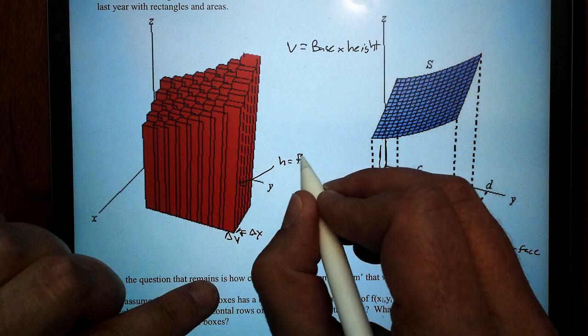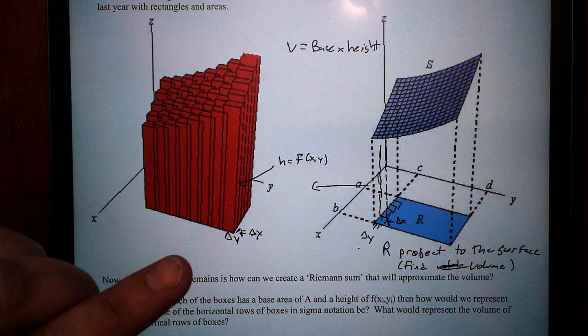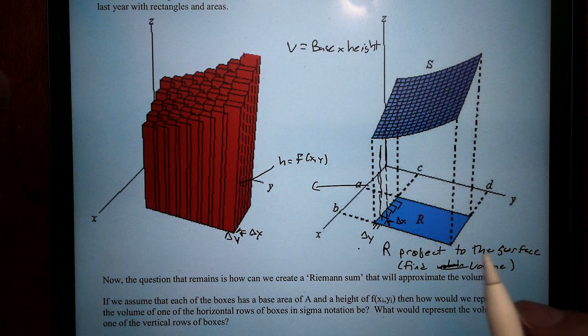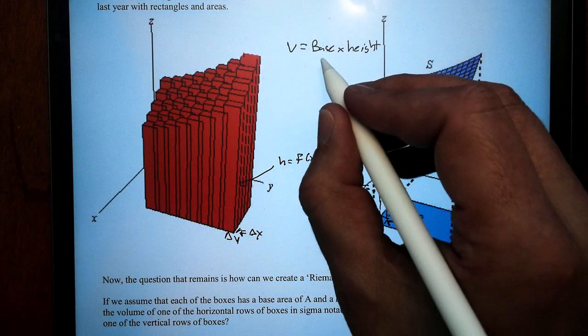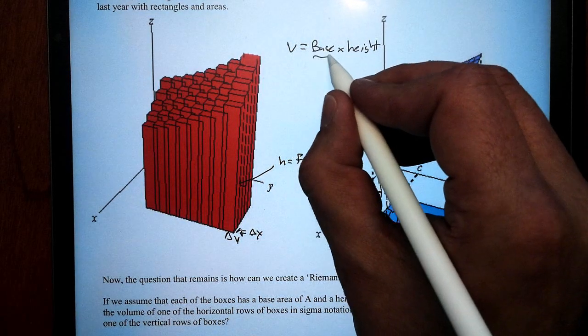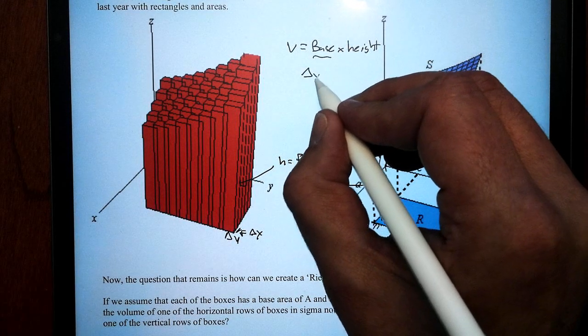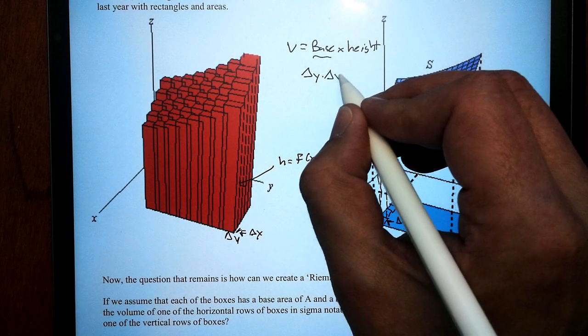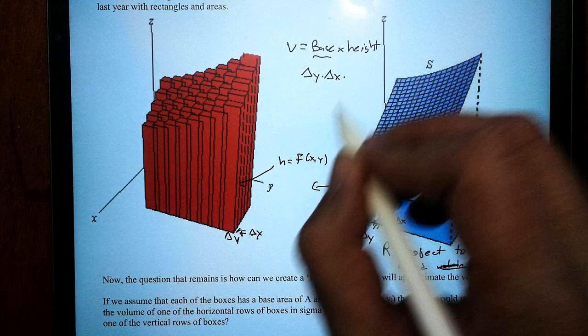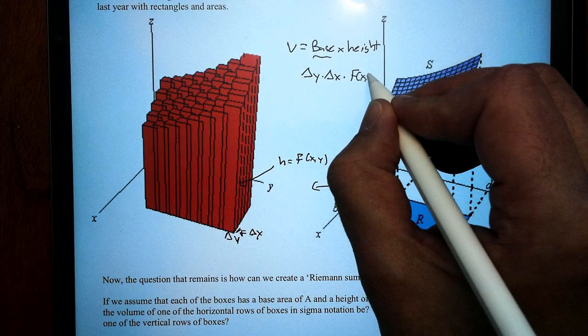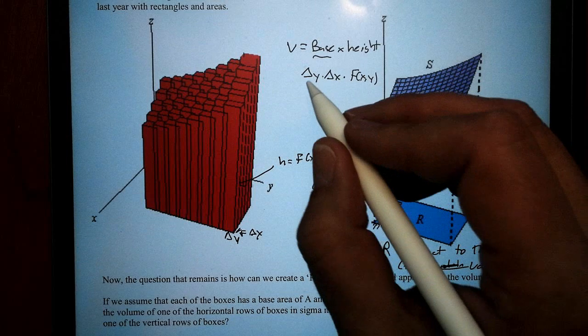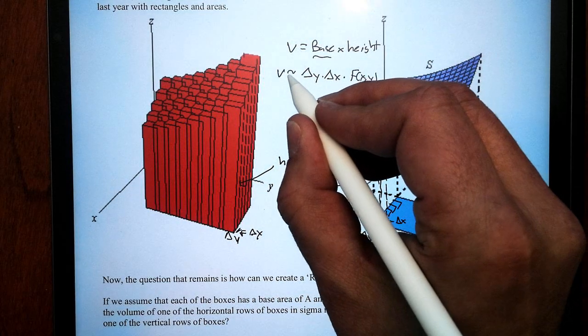The height is the value of the function, just like our area last year. The area of the base is just going to be our delta y times delta x. The height is the value of our function at that point, f of x, y. Now remember, this is only an approximation.